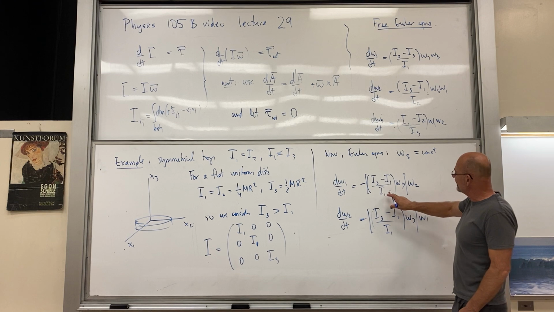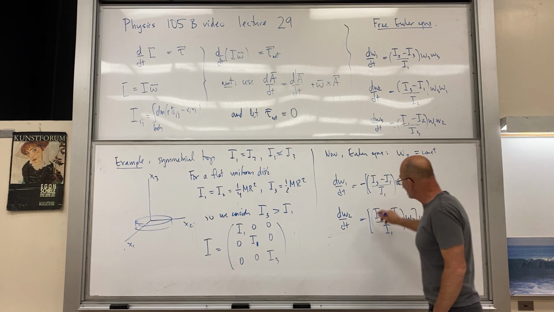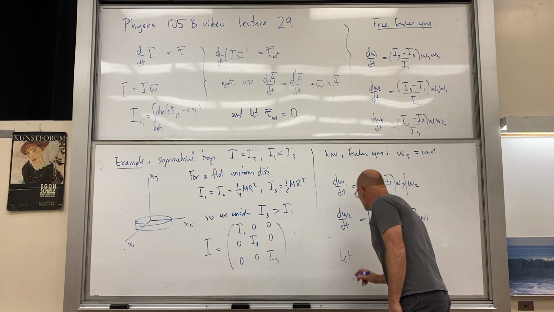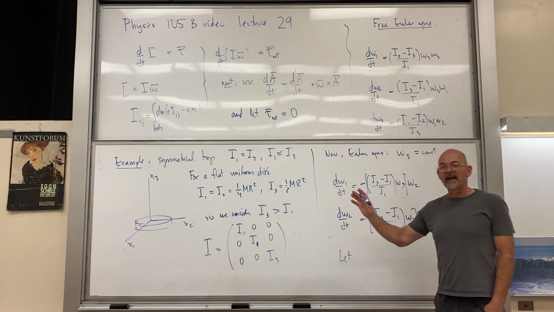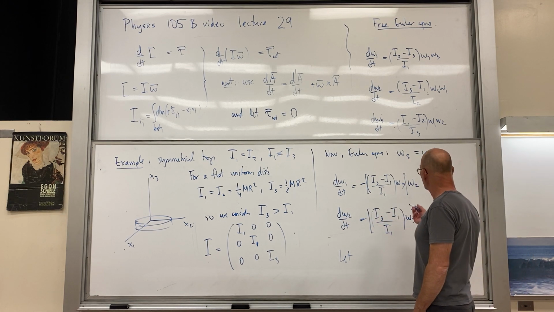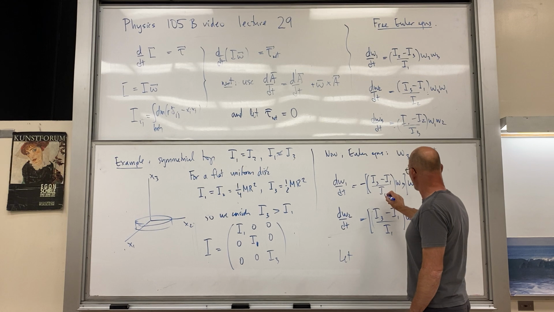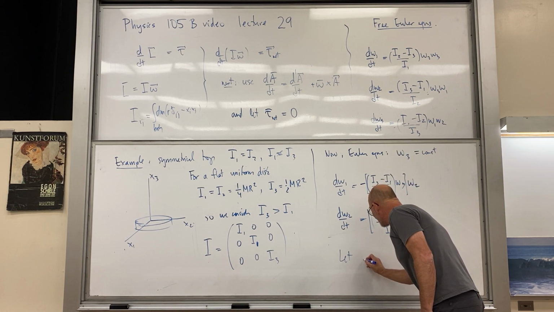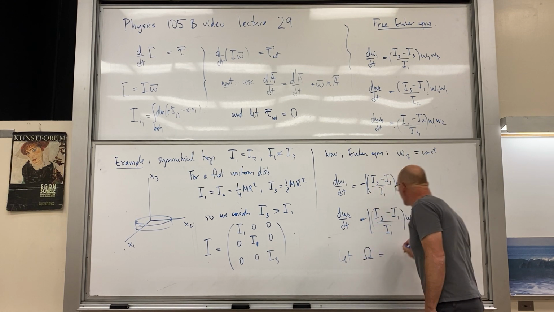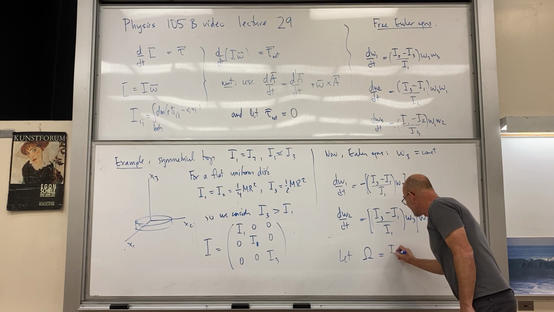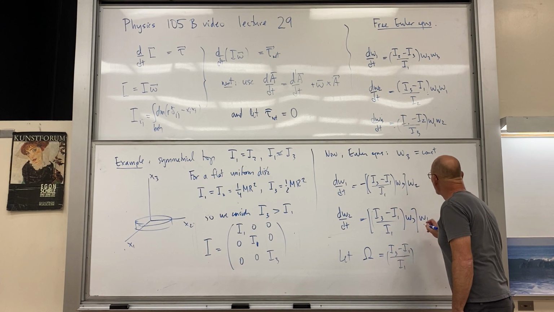And I'm going to even give this a name now. I called it lowercase omega last time. That was enough to drive you to distraction. So let's call this uppercase omega. Uppercase omega is going to be equal to this I3 minus I1 over I1 times the omega 3.